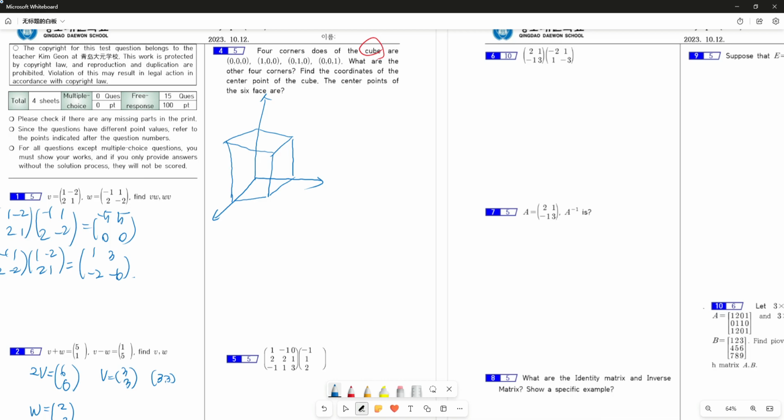Anyway, I already gave you some corners: 0, 0, 0 and 1, 0, 0 and 0, 1, 0 and 0, 0, 1. So first, you should find the other four corners.